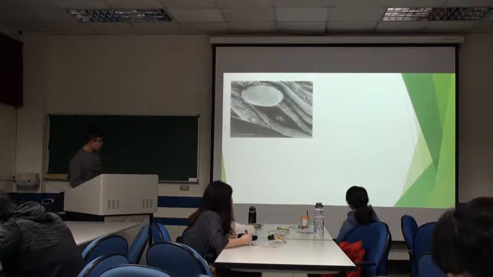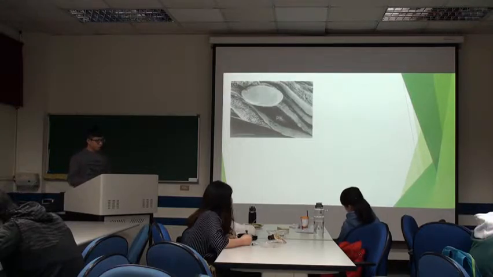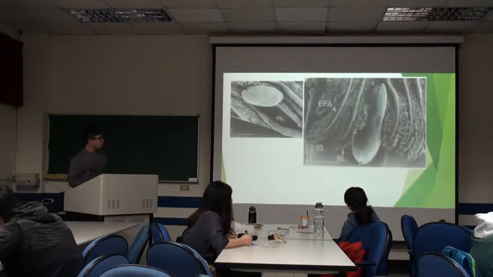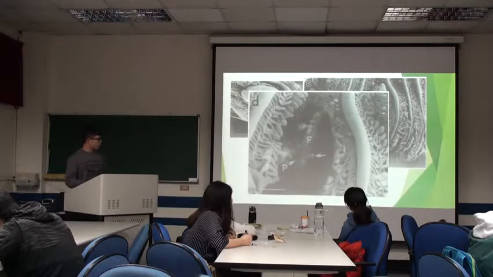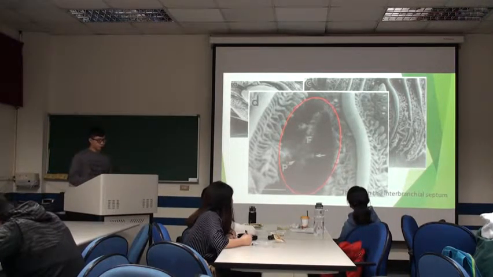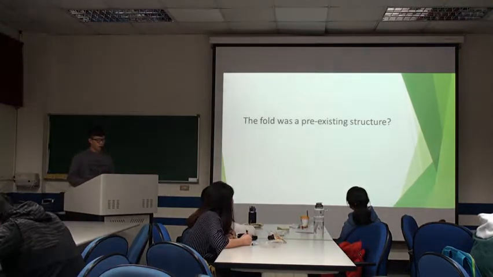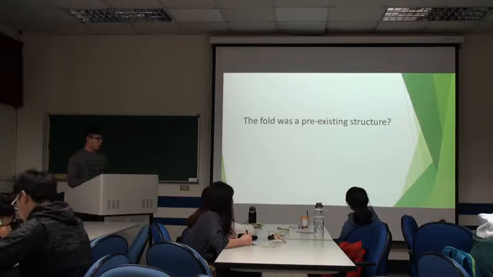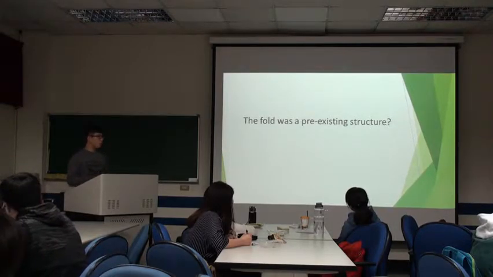And next, we see the pictures on this slide. Picture A, picture C, and picture D all show the folds in the interbranchial septum. Was the fold a pre-existing structure? My answer is we couldn't know.